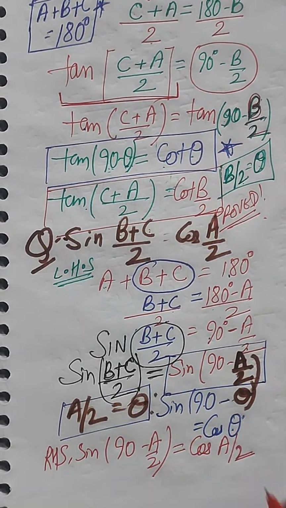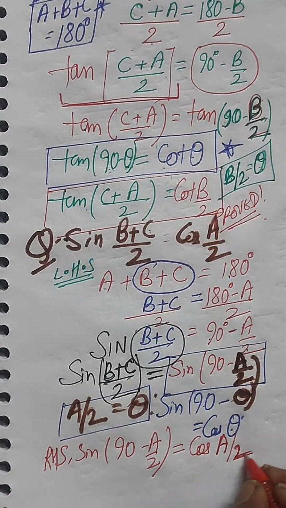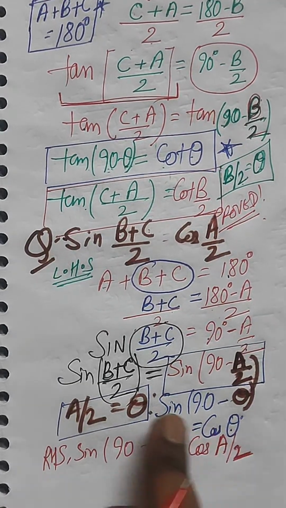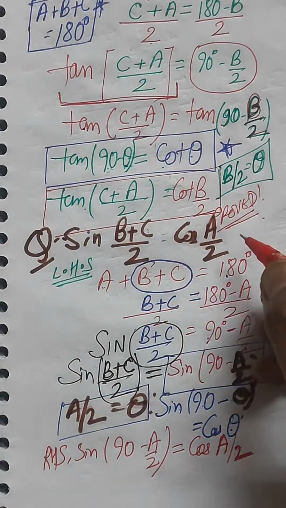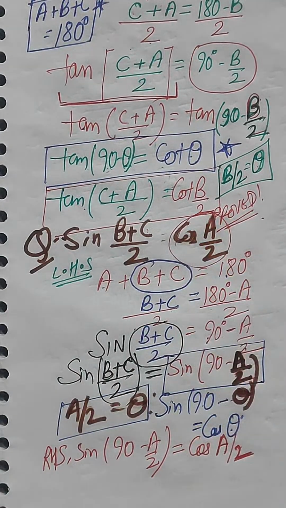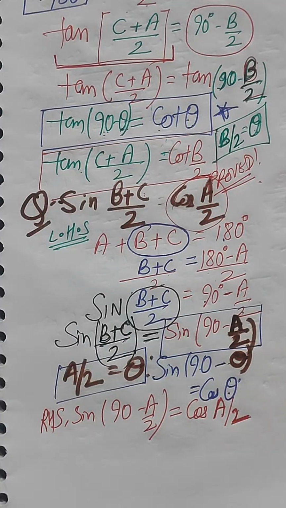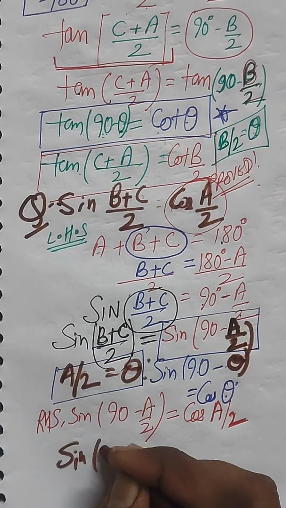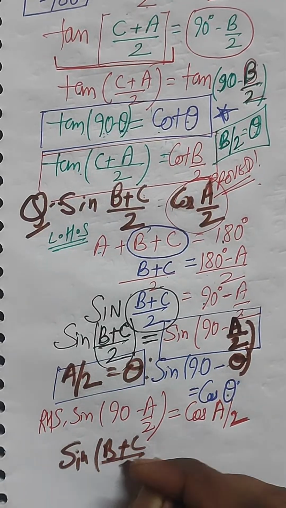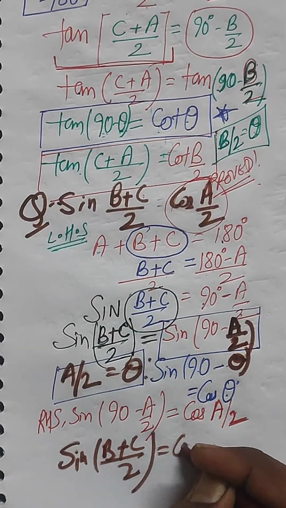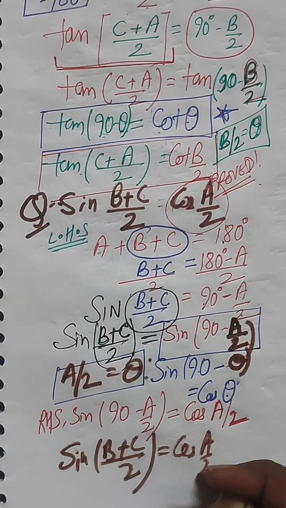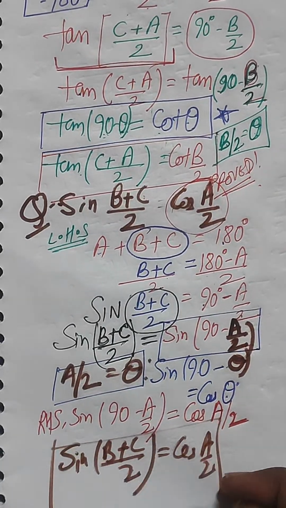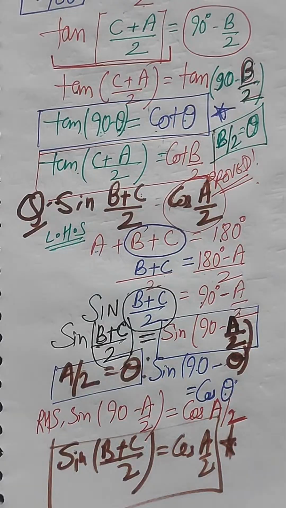Then this cos a by 2 is the same as our required RHS. So in this way we have proved that sine of b plus c by 2 is equal to cos of a by 2, isn't it? We have proved it. So we have solved two questions of today's session.